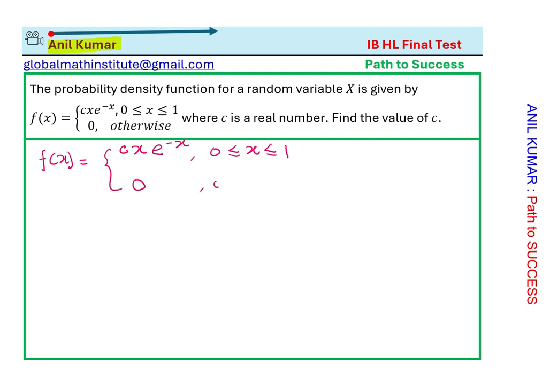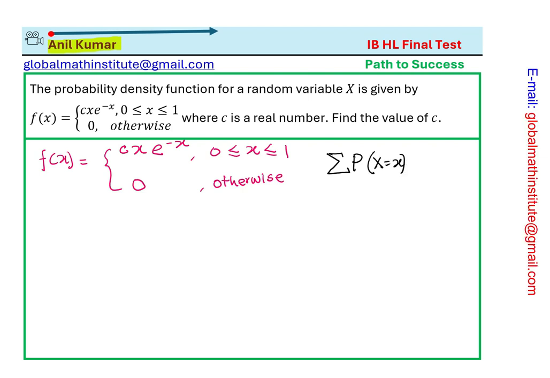So what it really means is that if we add up all the probabilities for all these values, then that should be equal to 1.